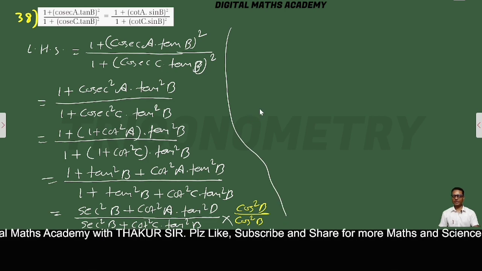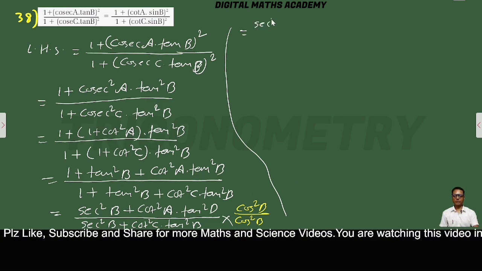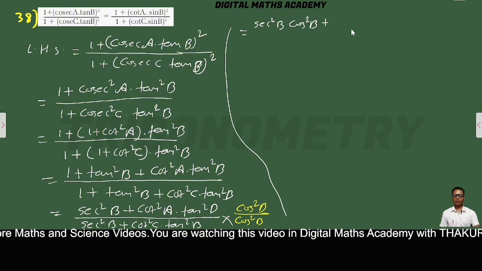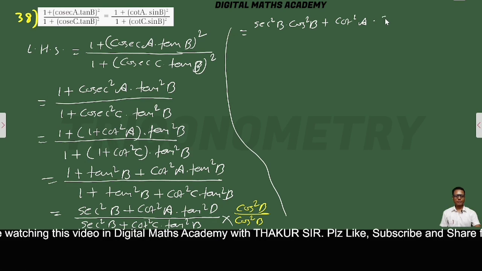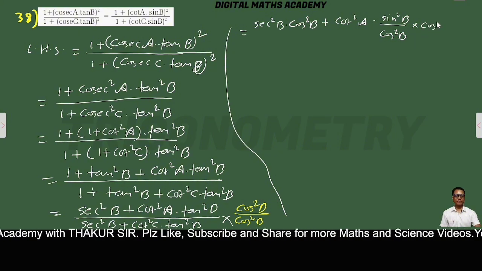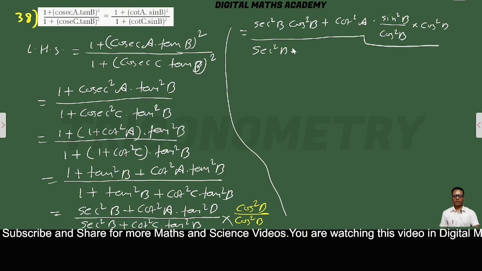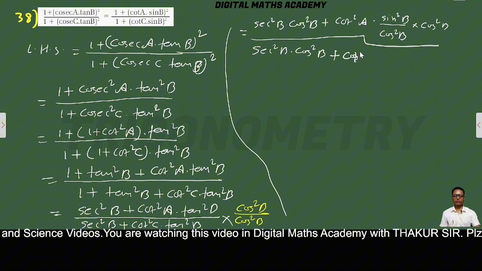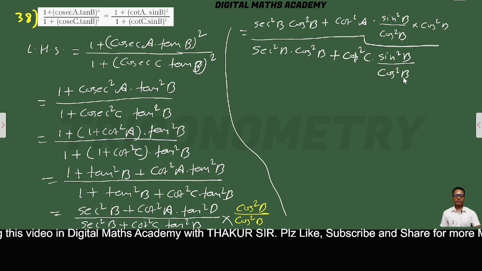Because cos² B into sec² B equals 1. So sec² B into cos² B, plus cot² A, then tan² B means sin² B by cos² B, into cos² B. And then sec² B into cos² B plus cot² C, and tan² B equals sin² B by cos² B into cos² B.